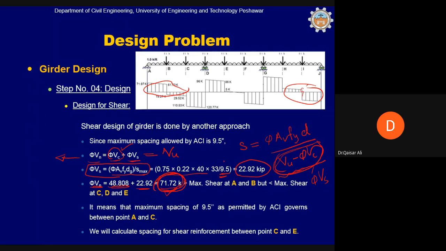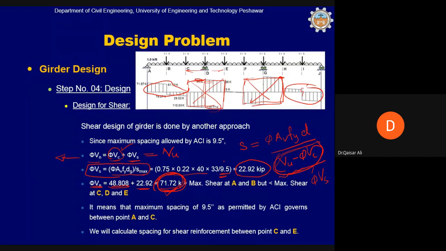But if we look at C to D, D to E, and G to F and G to H, they are similar, because the girder is symmetrical. In these locations, the shear force values are more than this.